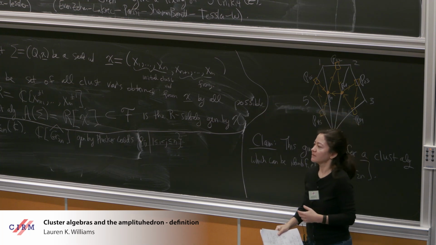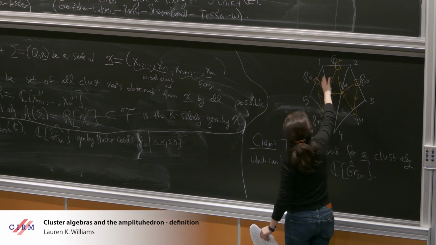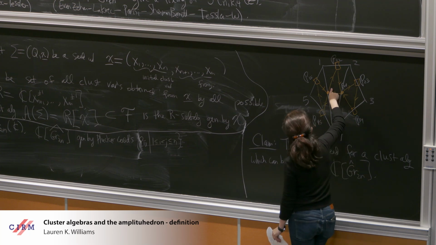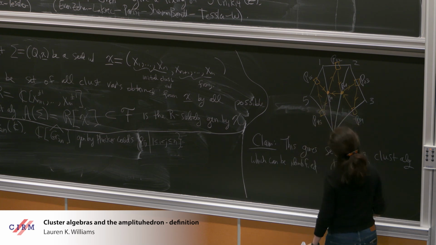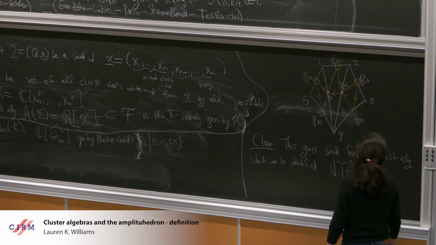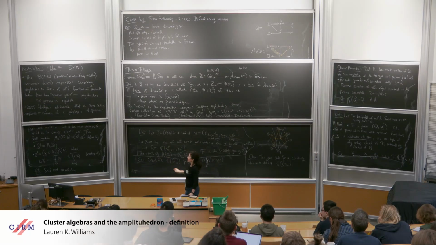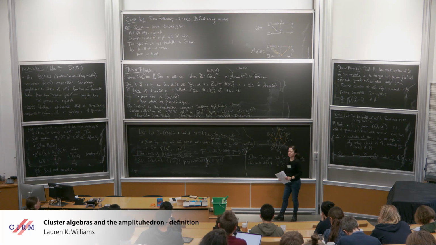And it's a nice exercise to check that mutation at a node in my orange quiver corresponds to flipping a diagonal in the triangulation, and the exchange relations, this algebraic relation here, exactly correspond to a 3-term Plücker relation.